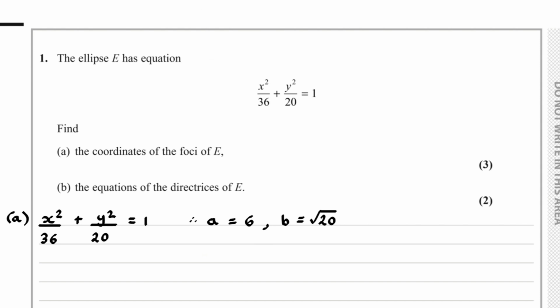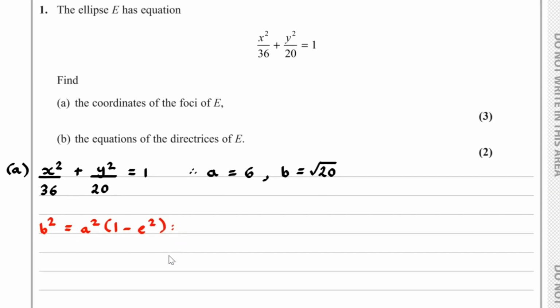And so, if we were to use the formula b squared equals a squared, lots of 1 minus e squared, then we have b squared, which is 20, and this is equal to a squared, which is 36, lots of 1 minus e squared.